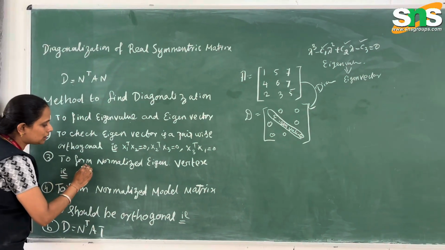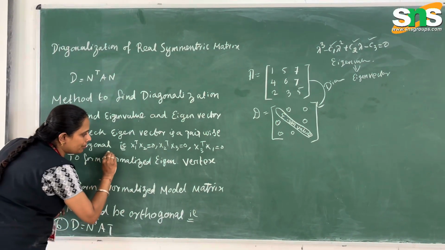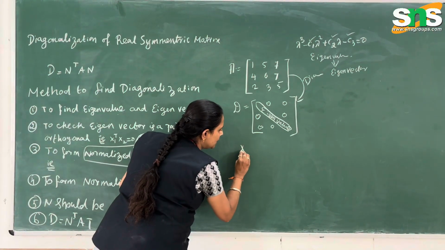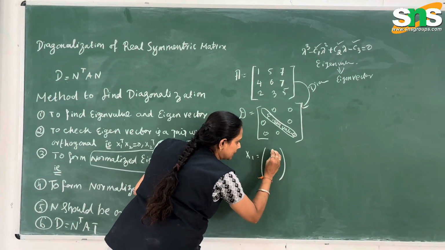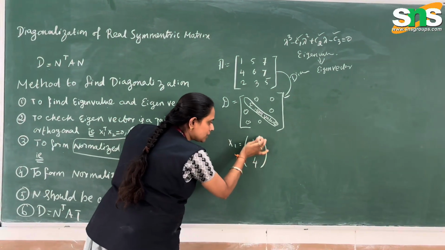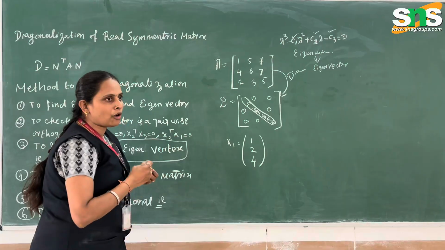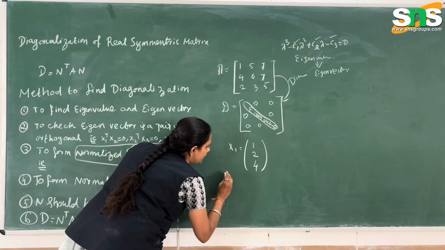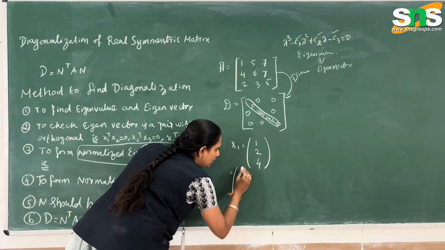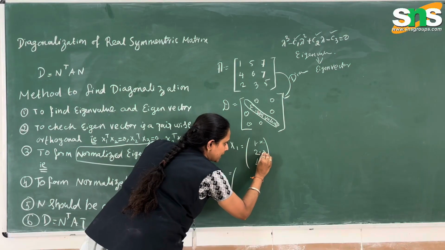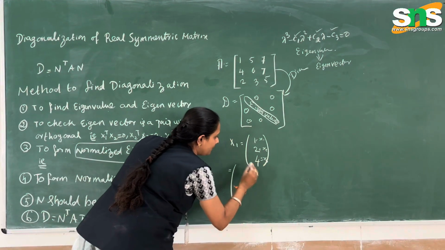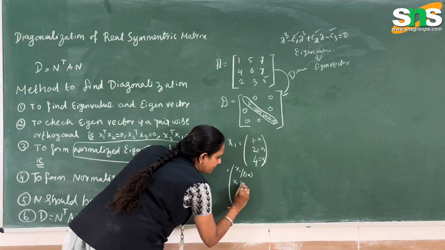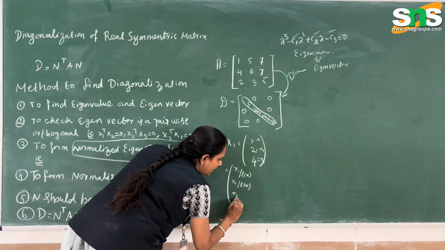Then we move on to the third step, to form the normalized eigenvector. For example, take the vector 1, 2, 4, which is an eigenvector. How can we find the normalized eigenvector? Generally it is x1 divided by L of x, x2 divided by L of x, and x3 divided by L of x.